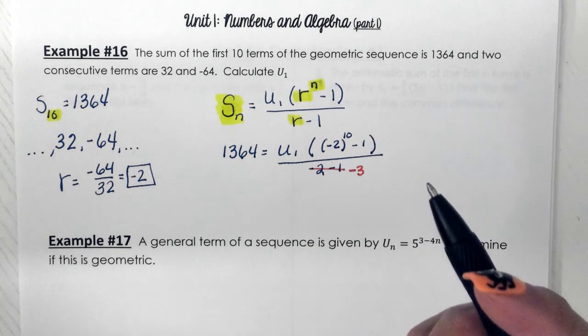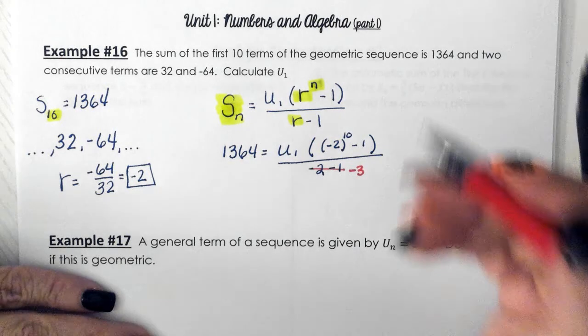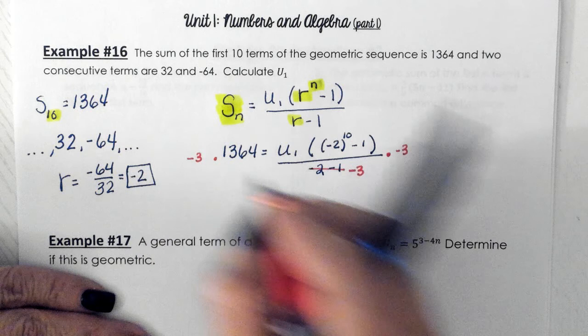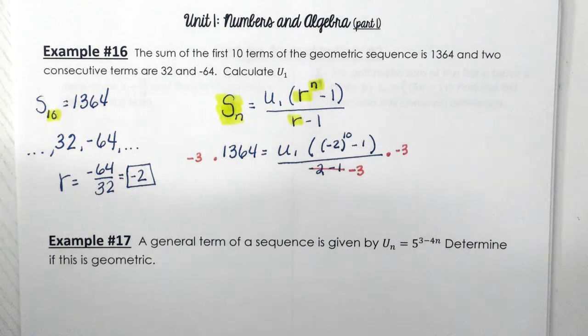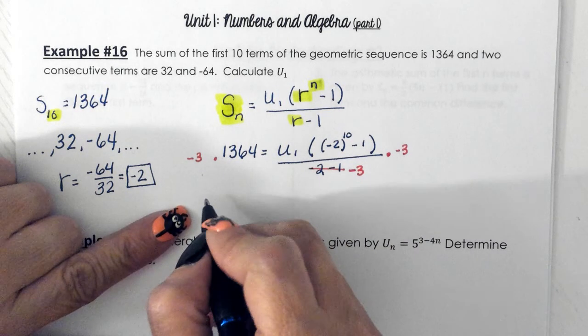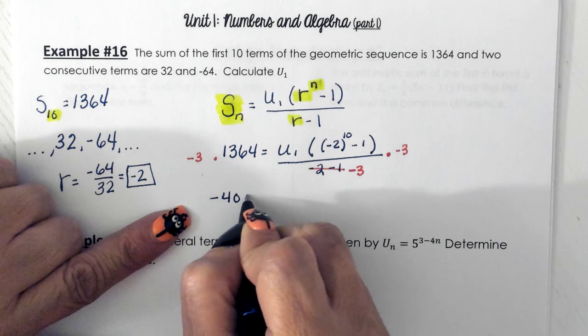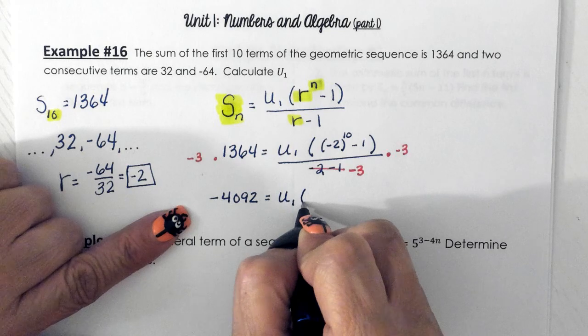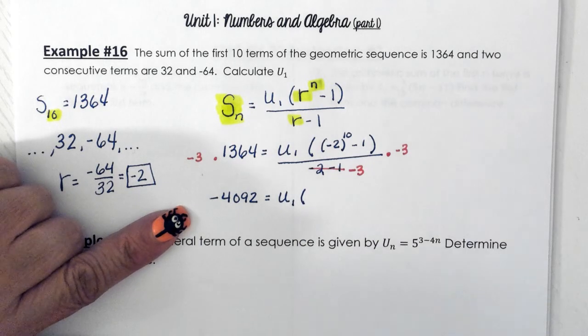I'm going to multiply both sides by negative 3 to get rid of the denominator. Negative 3 times this is negative 4,192 equals u sub 1 times negative 2 to the 10th power.